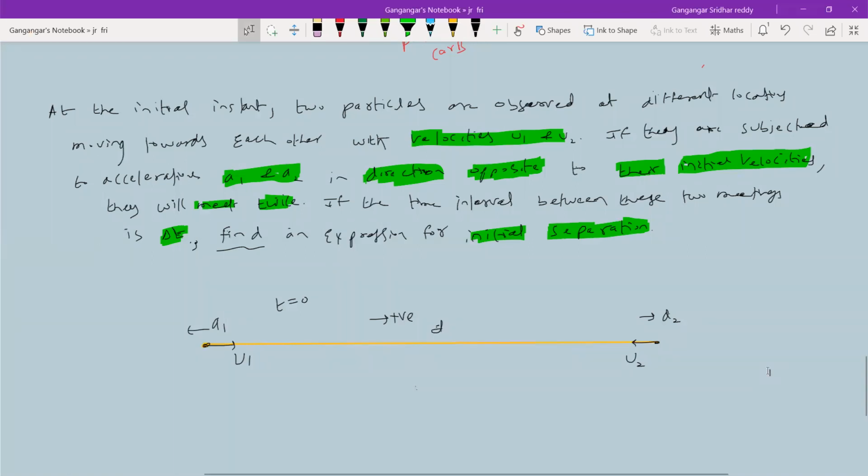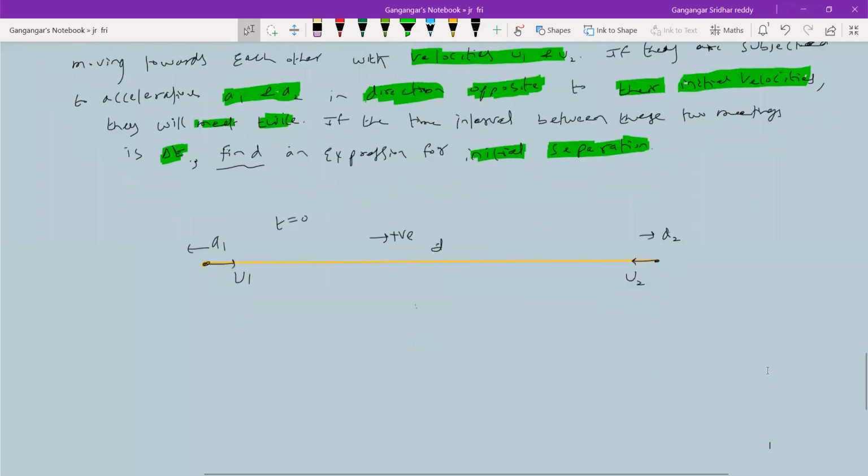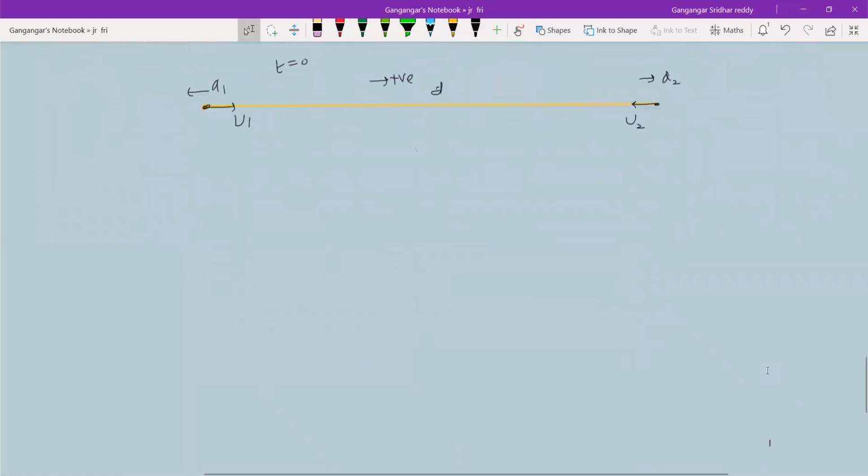The first equation you write is what? There is a concept, so you can manage everything. So again, the formula will be S12 final equals S12 initial plus u12 t plus.